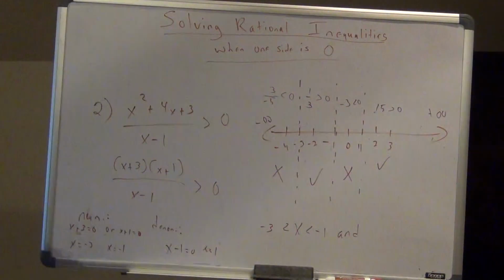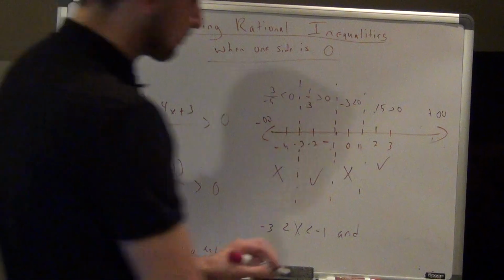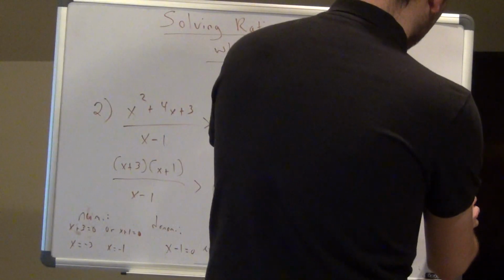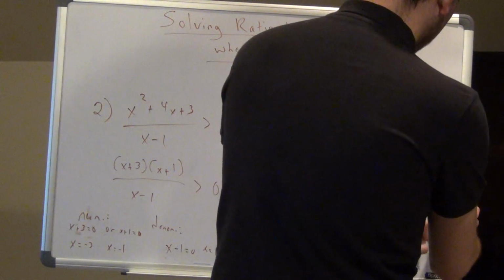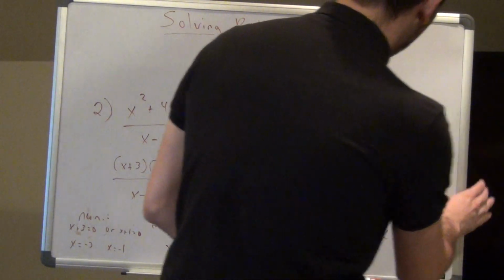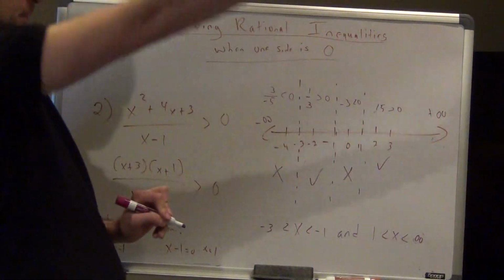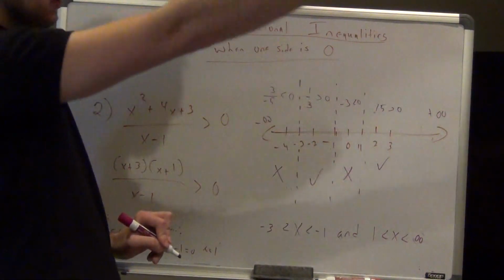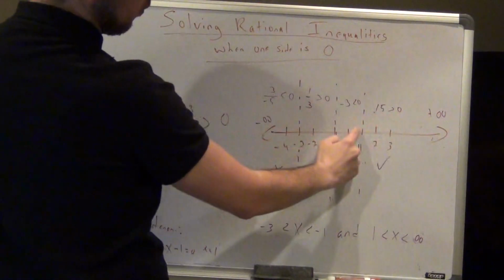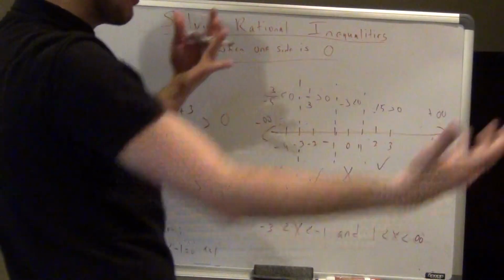There's going to be two parts to this. Remember, we saw the other interval that worked. x is going to be greater than 1 and less than positive infinity. So x can be everything 1 and up. That's basically what this means. So from 1 all the way to positive infinity, but of course not above infinity.